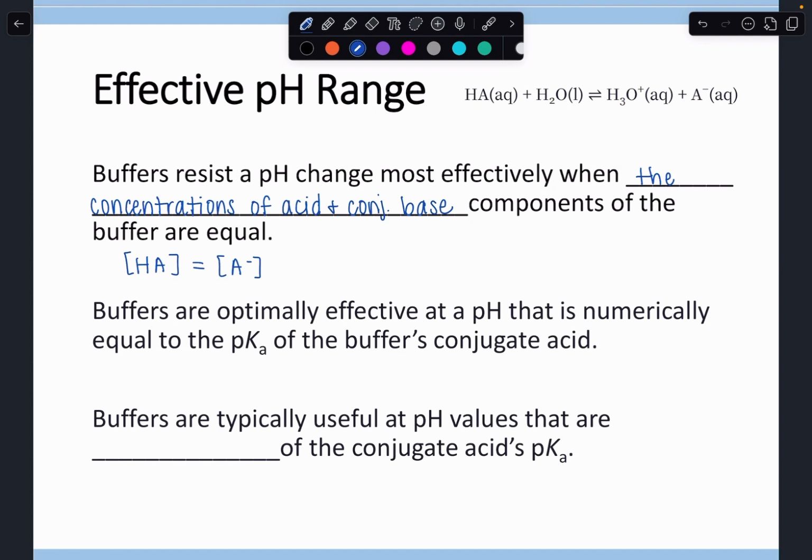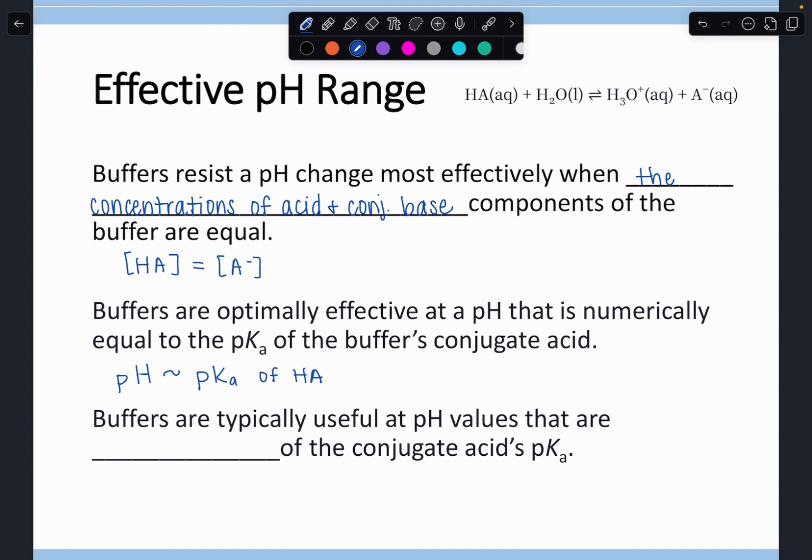The effective pH range is related to the acid pKa. So buffers are optimally effective at a pH that is numerically equal to the pKa of the buffer's acid. So the buffer is most effective at a pH that is approximately the pKa of the acid HA.